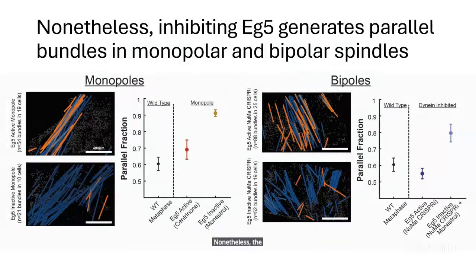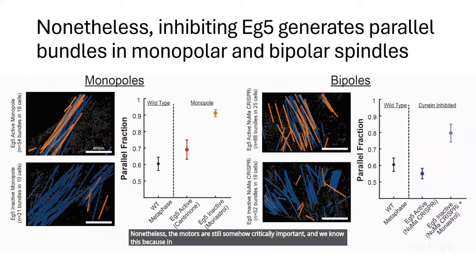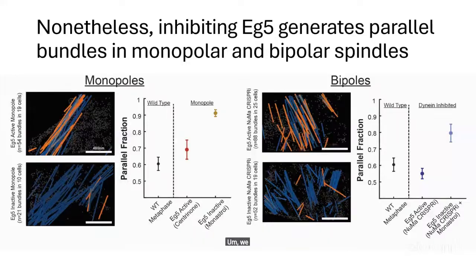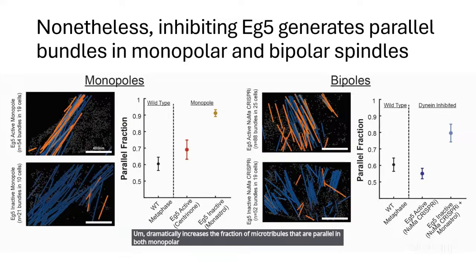Nonetheless, the motors are still somehow critically important, and we know this because inhibiting them reorganizes the spindle geometry. We quantified how the polarity of adjacent microtubules changes when the motors are inhibited, and we see that inhibiting the EG5 motor dramatically increases the fraction of microtubules that are parallel in both monopolar and bipolar spindles.